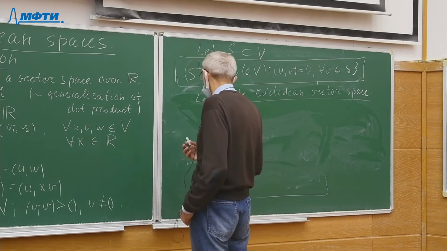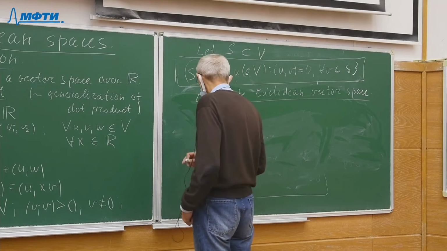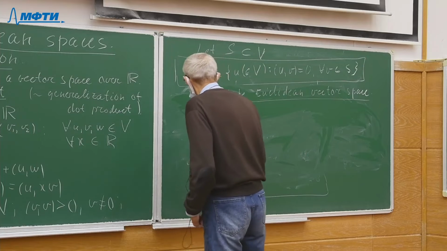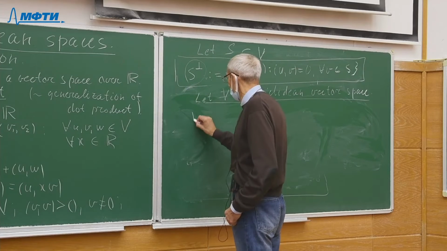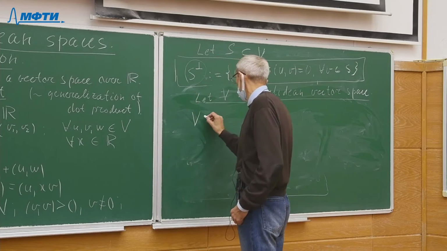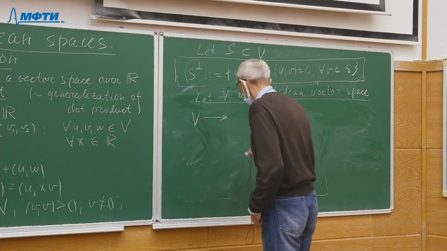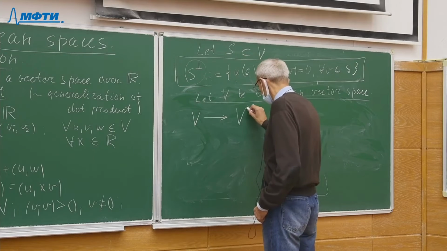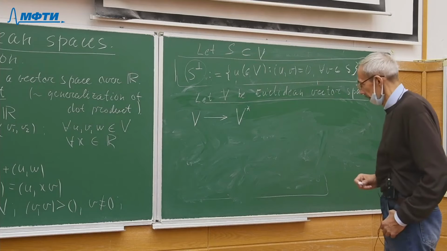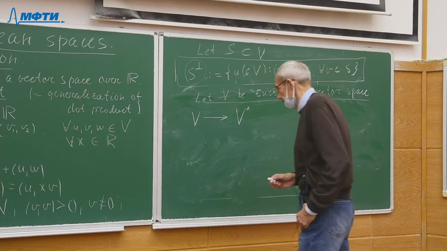We can introduce the following map from V to the dual vector space V star.